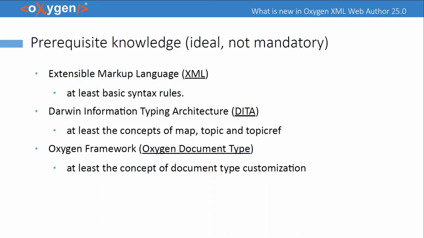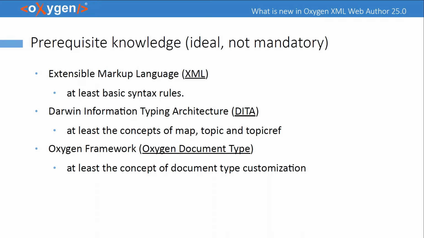Okay, and last, I want to say a few words about the Oxygen framework or the Oxygen document type. In Oxygen, you can define an association rule between a file and the document type. For example, you can define a rule that matches all the files by the extension.